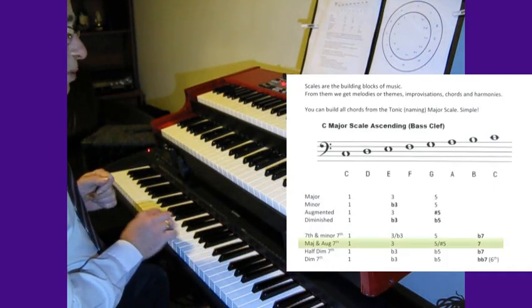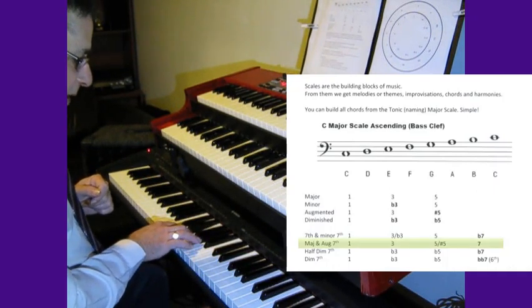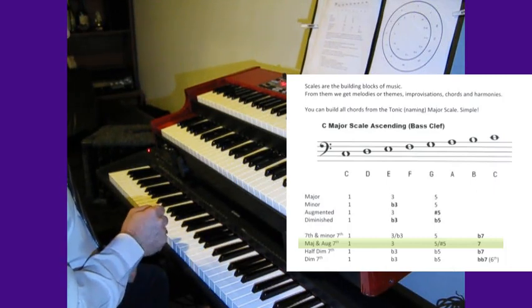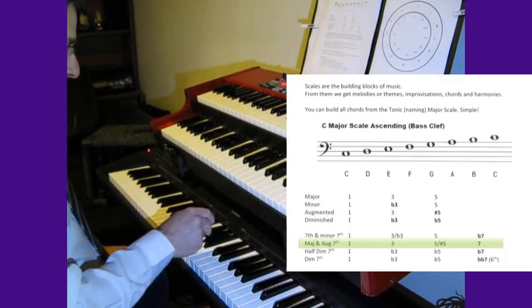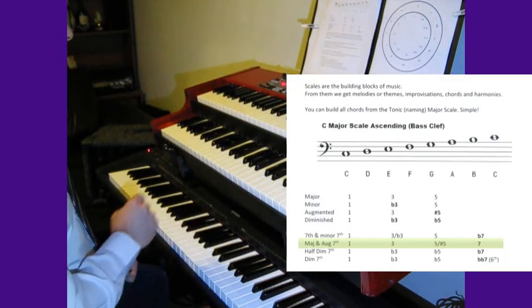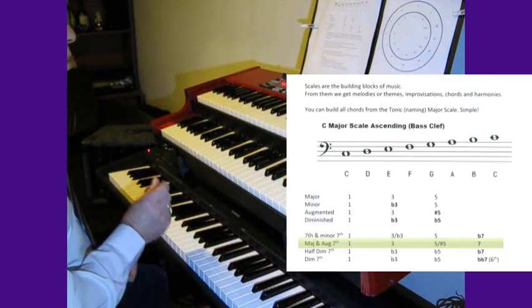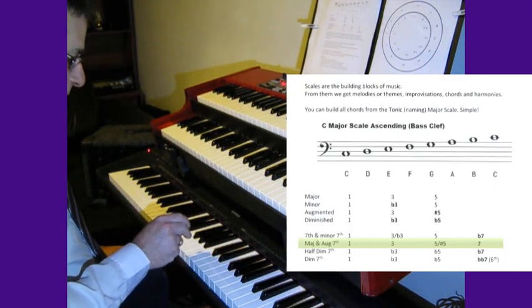The major seventh would belong to the C chord family because it uses the seventh note of the scale. So it's really easy to remember. The dominant seventh and the minor seventh have the B flat, flattened seventh, but if it says major seventh, or it's an augmented seventh, it uses the seventh note of the scale.